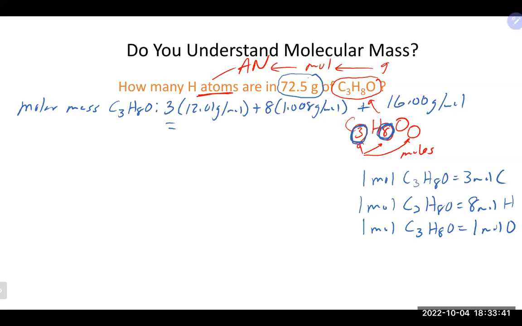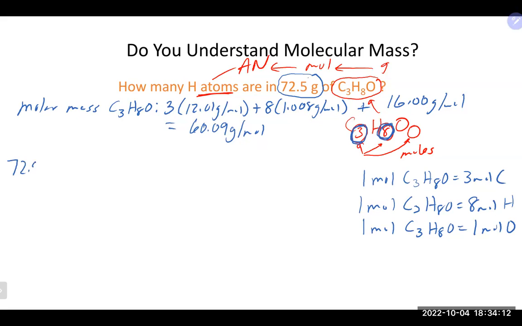If we add up 3 times 12.01 plus 8 times 1.008 plus the 16, we end up with a molar mass of 60.09 grams per mole for this compound. Any questions on that? We're going to use that to start our conversion.